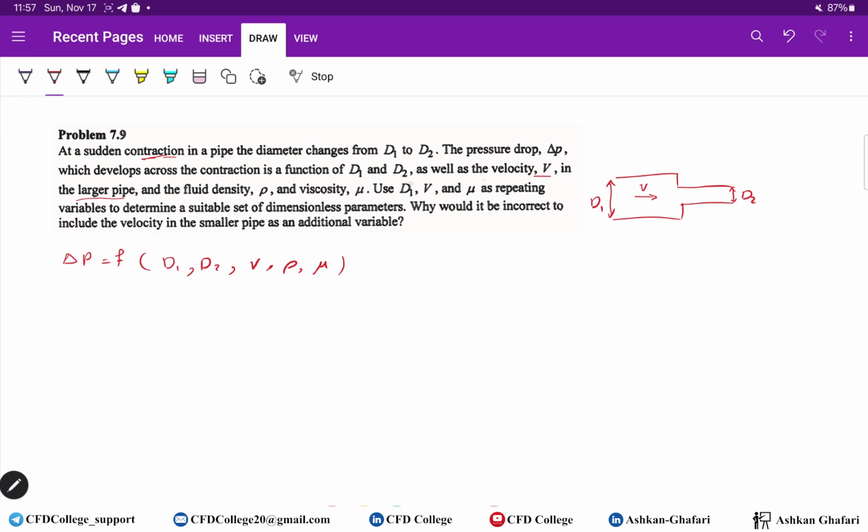Use D1, V, and mu as repeating variables to determine a suitable set of dimensionless parameters.